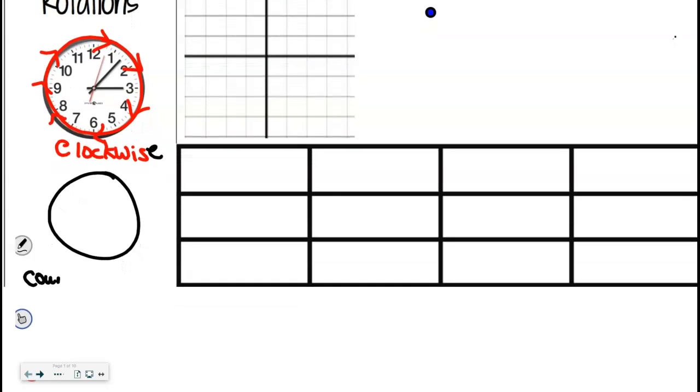So I'm going to write that, counterclockwise, which means in the opposite direction that the clock moves. So if you're told to turn something counterclockwise, instead of pulling it down and around, you actually go this way. All right, so we're going to be turning 2 ways, with the clock and against the clock.